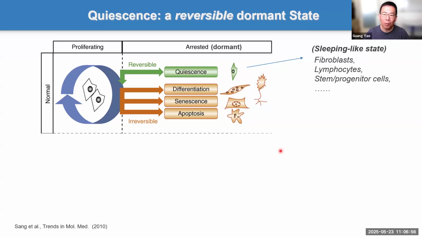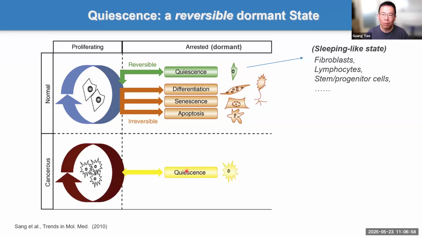Unfortunately, these dormant reversible quiescent cells play a big role in cancer development, especially in metastasis. So dormancy is very important for stem cells, for normal physiological tissue regeneration and repair, but also carries a pathological risk for us to tackle because they can go back to form the full tumor again.